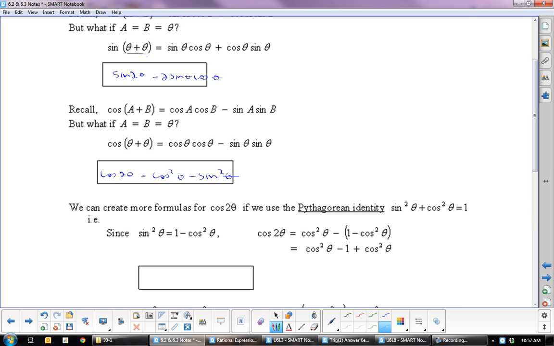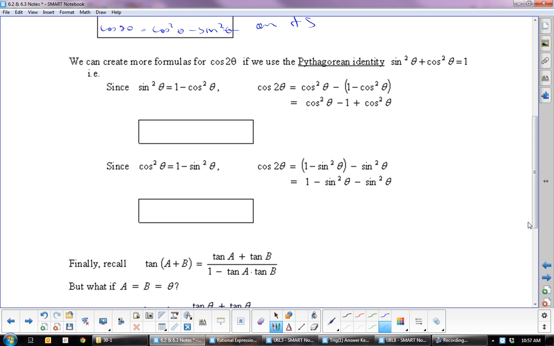Okay, and you can just write on formula sheet. Okay, another one you need to know, because cos 2 theta can also equal 2 cos squared theta minus 1. Okay, and remember that when you write cos squared theta, that's the same thing as this.